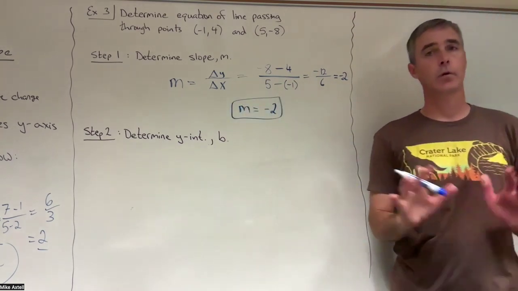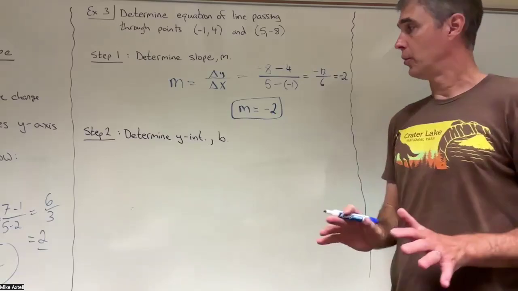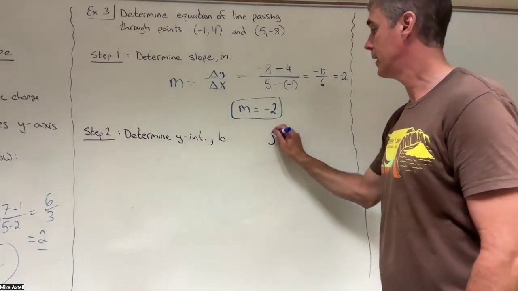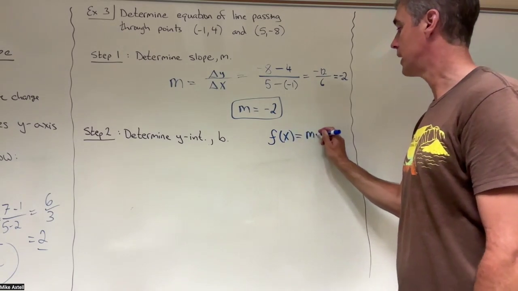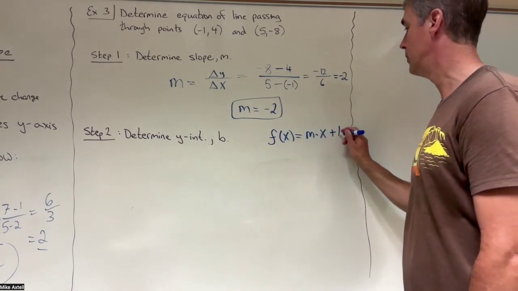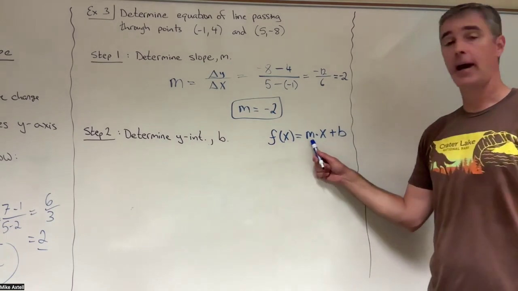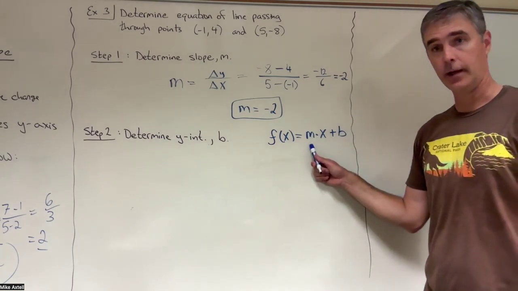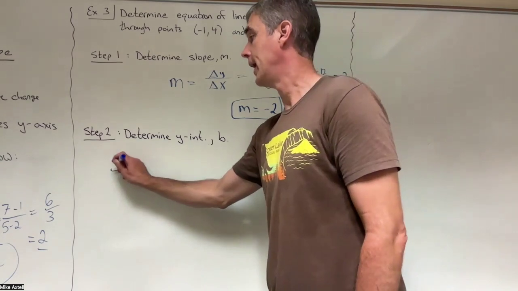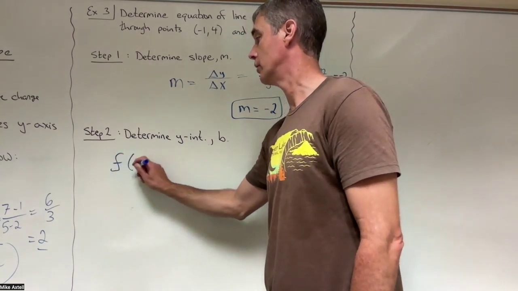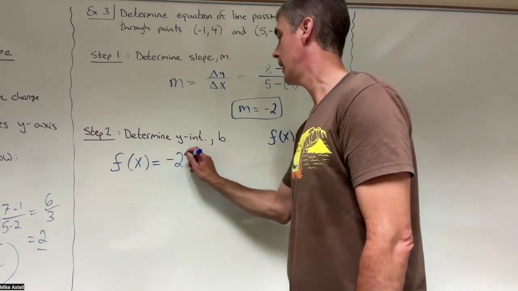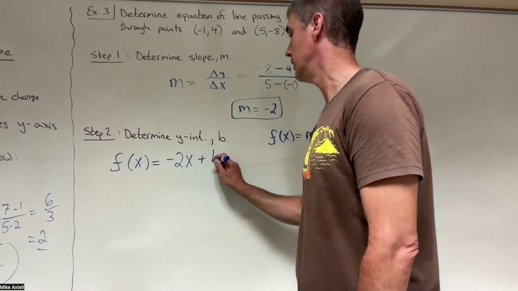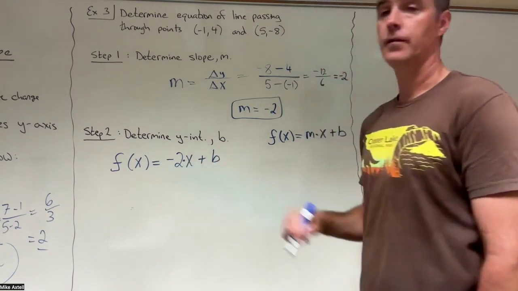All right, great. Now, remember, my goal here is to get a linear function, so I need to get an m times x plus b. I now have my m, so I know my linear function looks like -2x plus b, and I just need to find b.